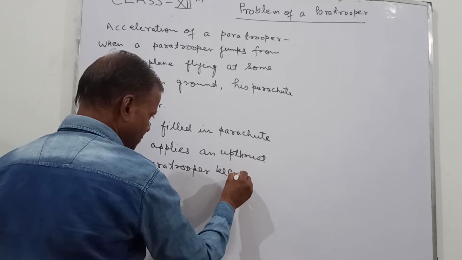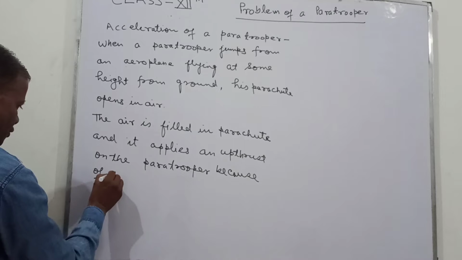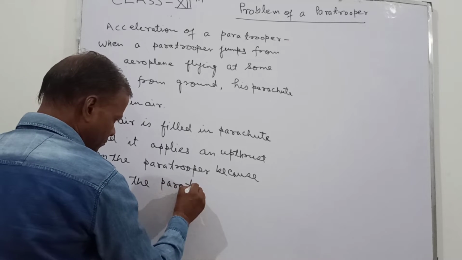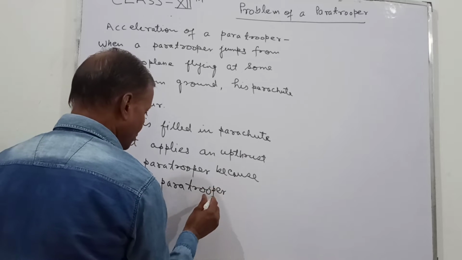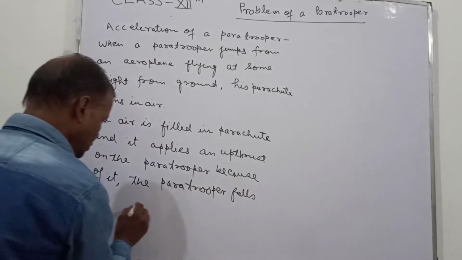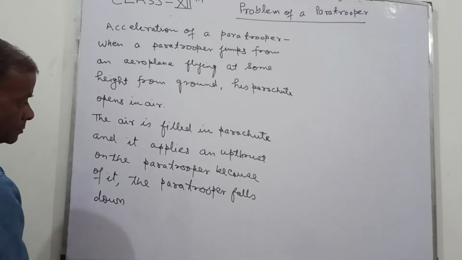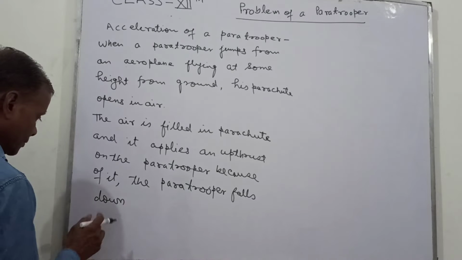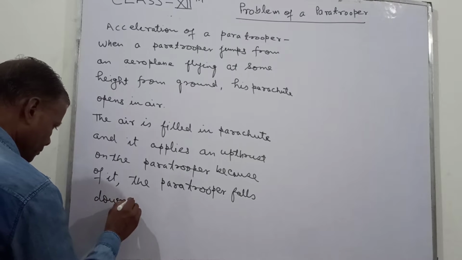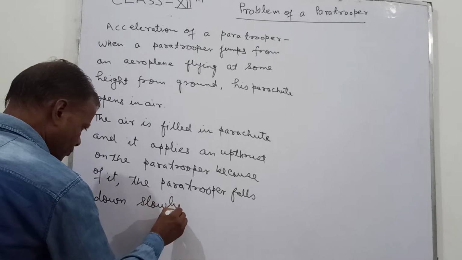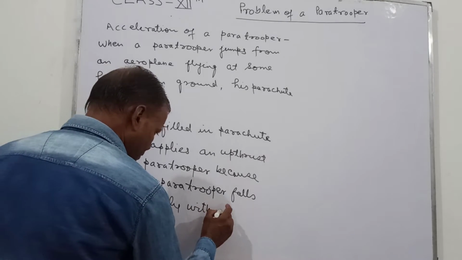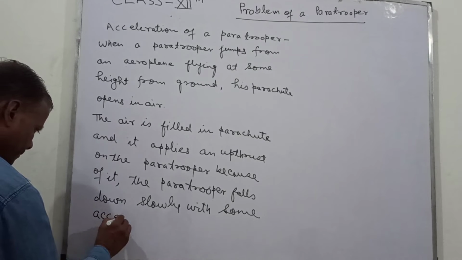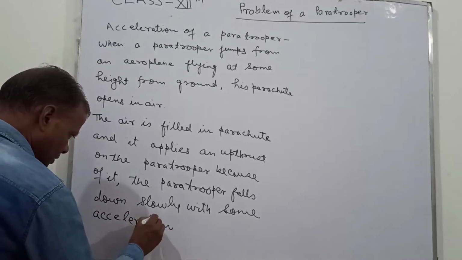Because of it, the paratrooper falls down slowly, with some acceleration.